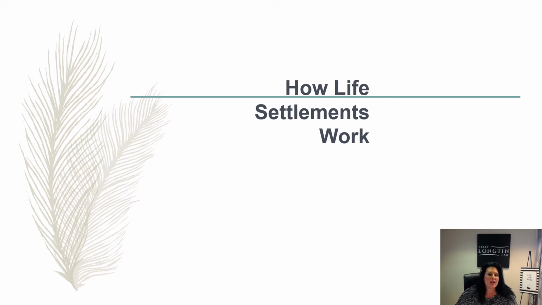Please note that life settlement transactions are distinct from, although related to, viatical settlements. Both transactions involve selling a policy to a third party investor. However, the distinction is that the law in the insurer's state may require the viatical settlement contract to be filed with and approved by the state insurance commission.